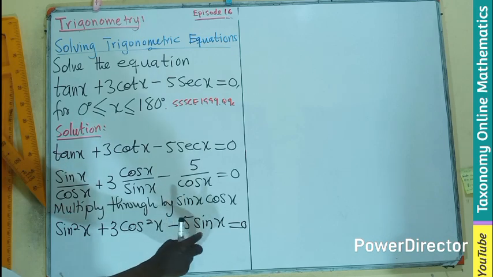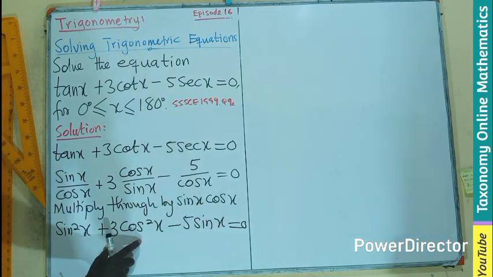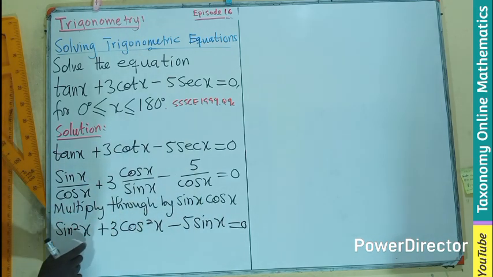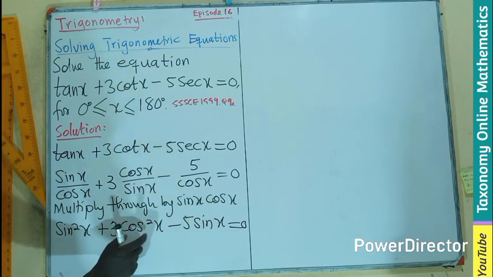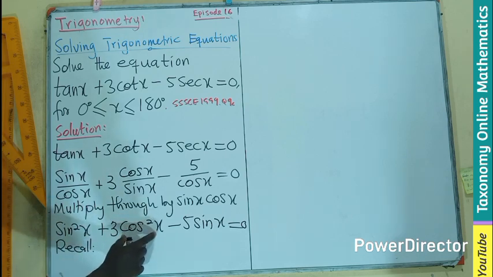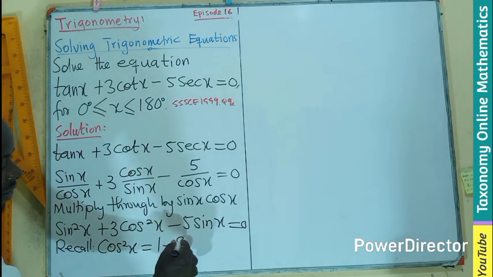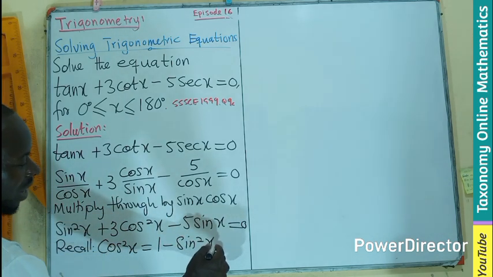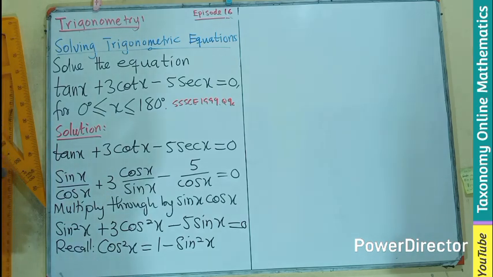Then what do we do? We can see here sine square, cos square, and also here we have sine. This is the only foreign material here. So we can recall that cos square x is the same as 1 minus sine square x, one of the identities under Pythagoras theorem for the unit circle.